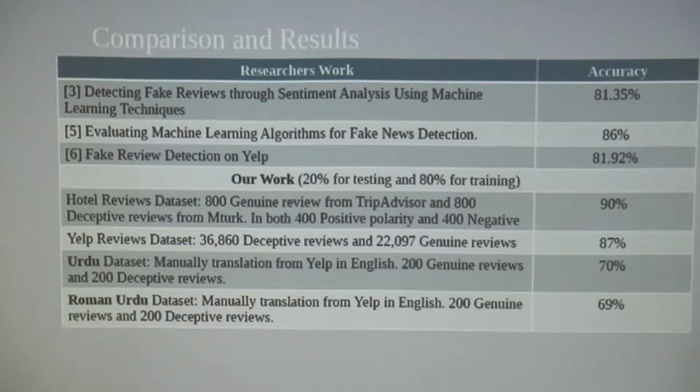In the Urdu database, we use 200 genuine and 200 deceptive. And for Roman Urdu, we use the same database, and we made the translation manually from the English dataset.